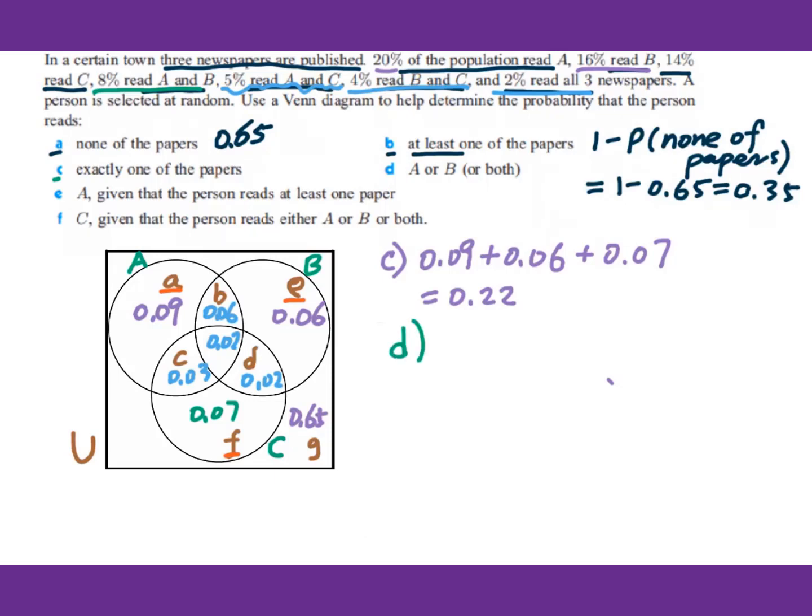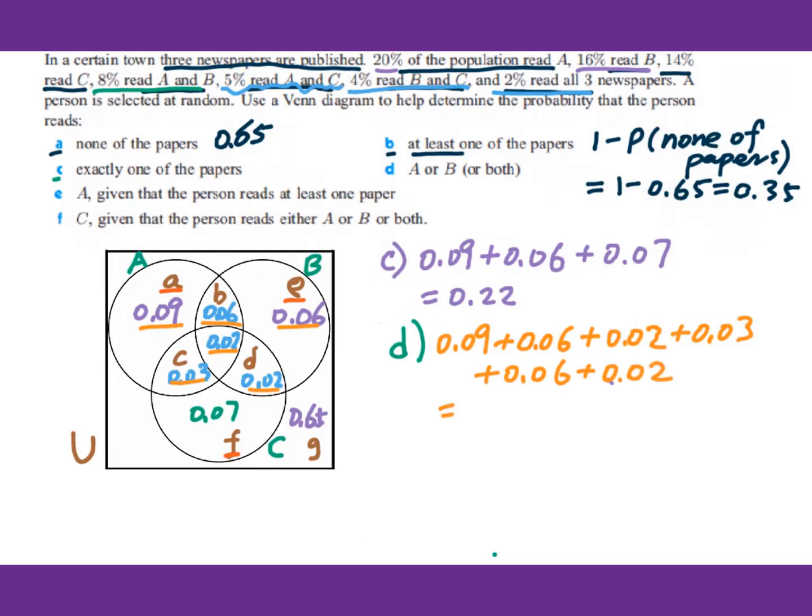Let's go to D. A or B or both. That means you have to add everything in A and B. It will be 0.09 plus 0.06 plus 0.02 plus 0.03 plus 0.06 plus 0.02.